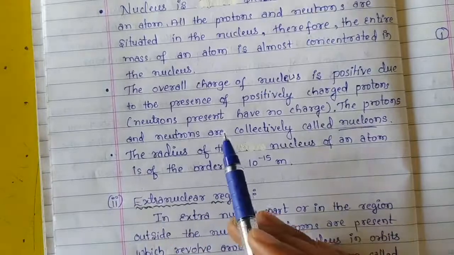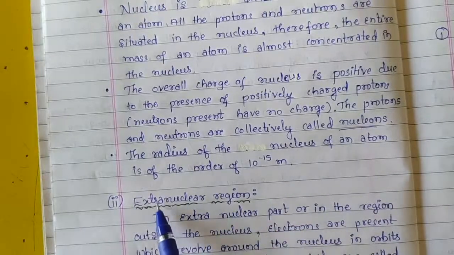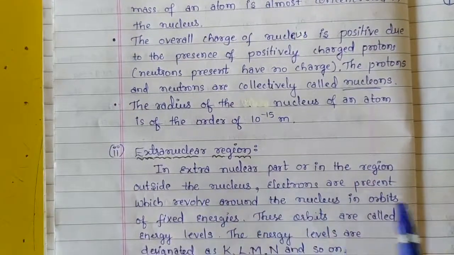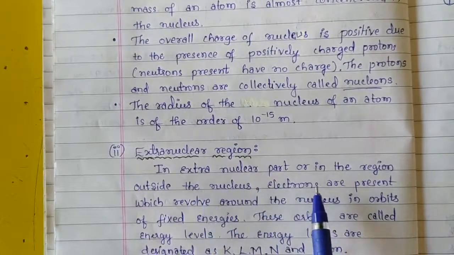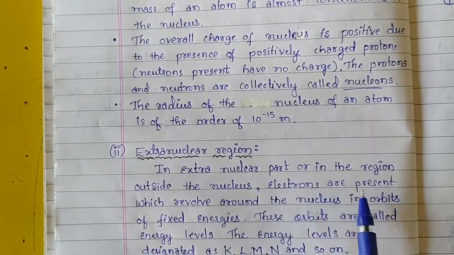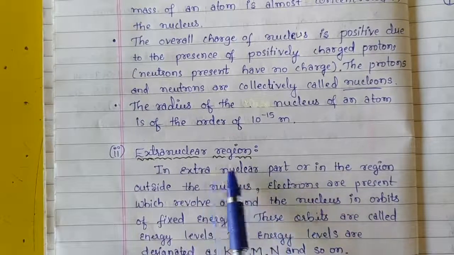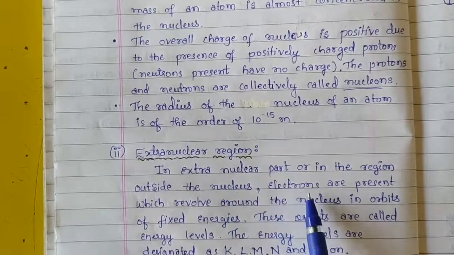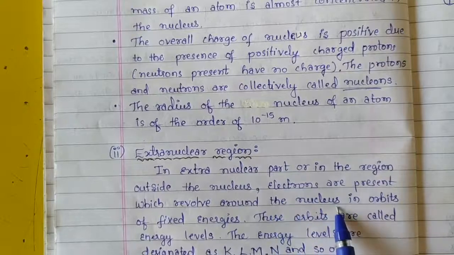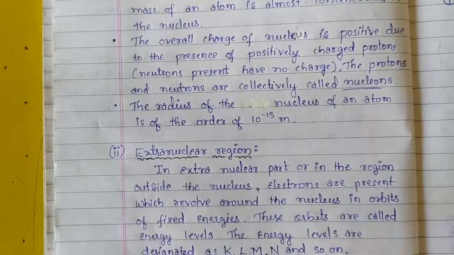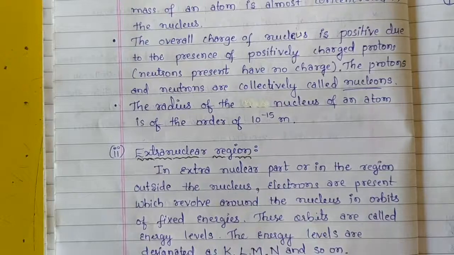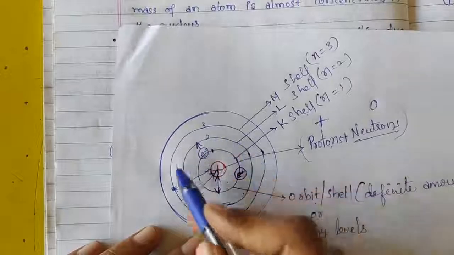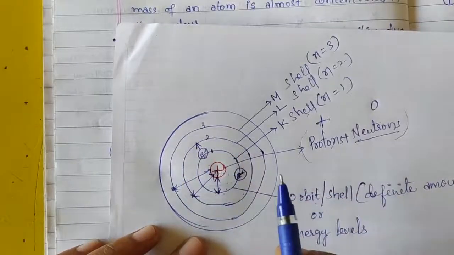Except for the nucleus, the outer region is known as the extranuclear region. In the extranuclear region, electrons are present, outside the nucleus. Here electrons are revolving around the nucleus in orbits of fixed energies. See here, this is the nucleus. The region around the nucleus is known as the extranuclear region.